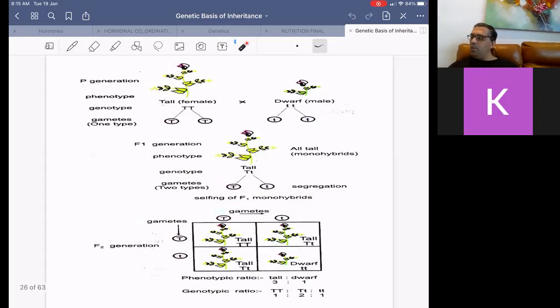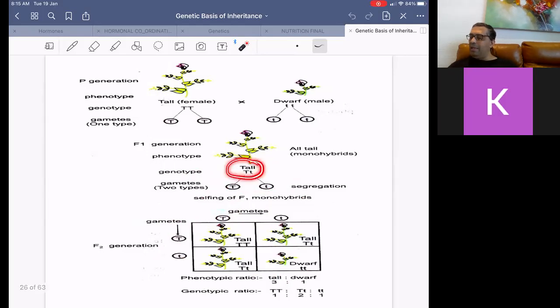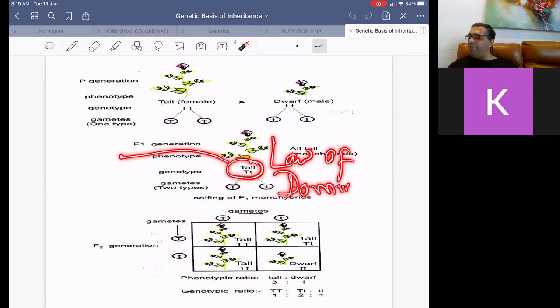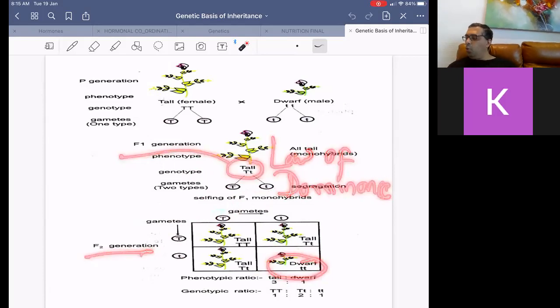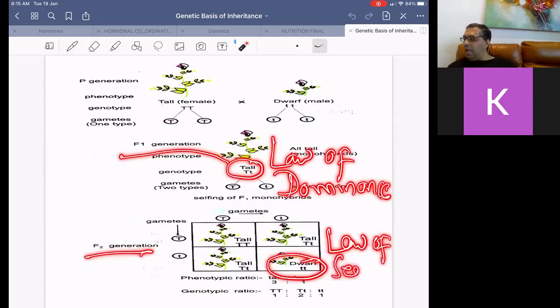So, appearance of tall in the F1 generation proves law of dominance. Reappearance of dwarf in the F2 generation proves law of segregation and purity of gametes.